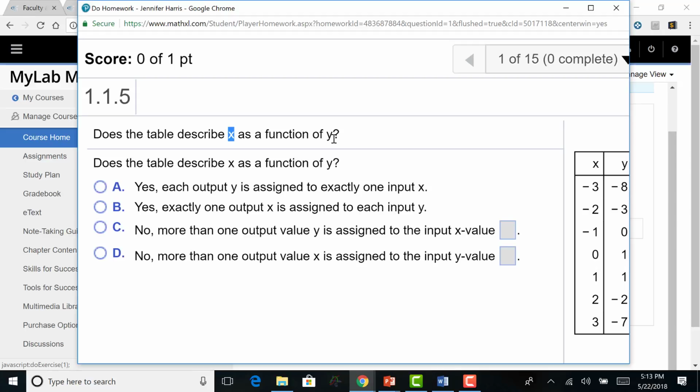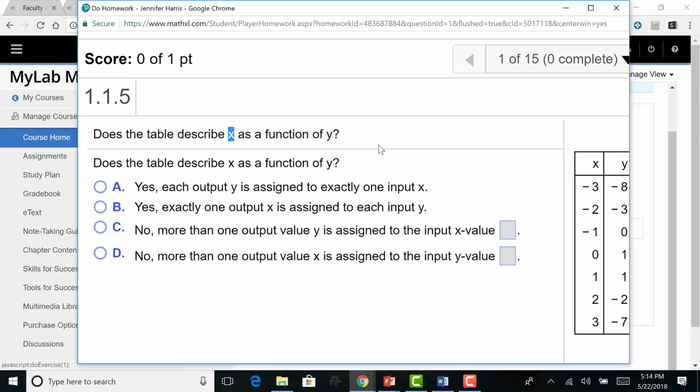The trick with this one was they switched the X and Y around, and when we've been doing the examples on the board, we always put Y in the front. So just notice, whatever's the very last letter you see is the one you're checking to see if they're all different. You got what I just said? That last variable that you see, look in that column and see if they're all different.